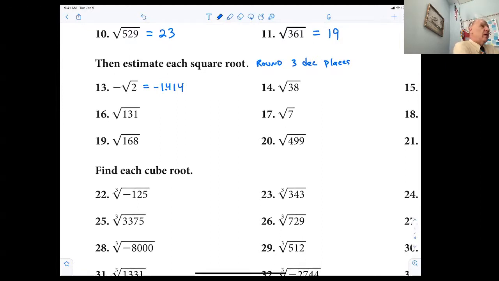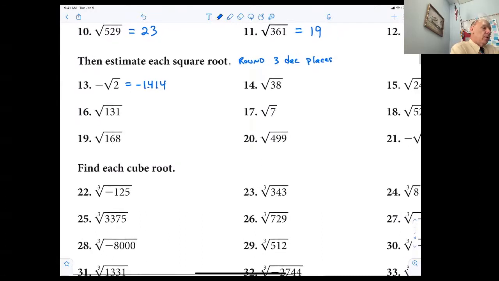So everybody type that in on the calculator just to make sure you're seeing what I'm seeing. All right. Everybody type it on your calculator. All right. You need practice. Right. And then the square root of 38 is approximately 6.164.